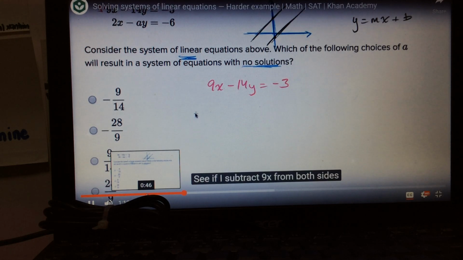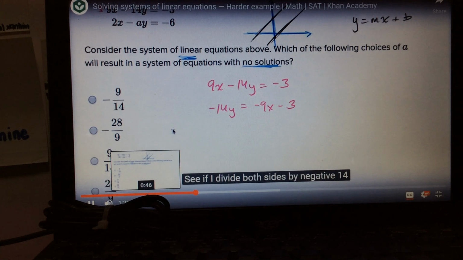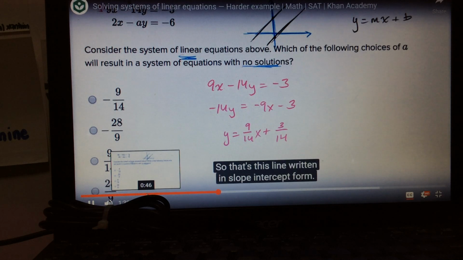If I subtract 9x from both sides, I get negative 14y is equal to negative 9x minus 3. If I divide both sides by negative 14, I get y is equal to negative 9 divided by negative 14, which is positive 9 over 14x, plus 3 over 14. So that's this line written in slope-intercept form.